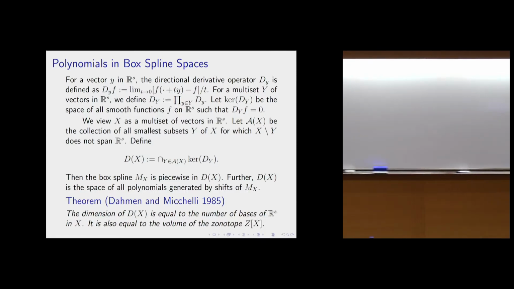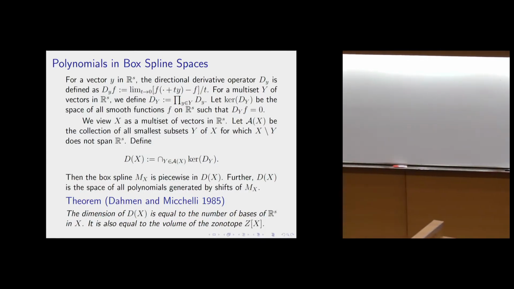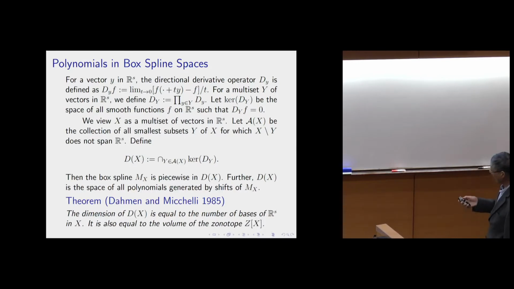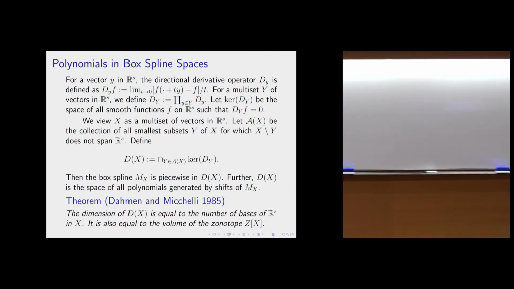So here now, probably I don't have time to give all the details, but already yesterday in the discussion of Armstrong's work, Diamond also mentioned that. So this is important work of Diamond and Micheli.